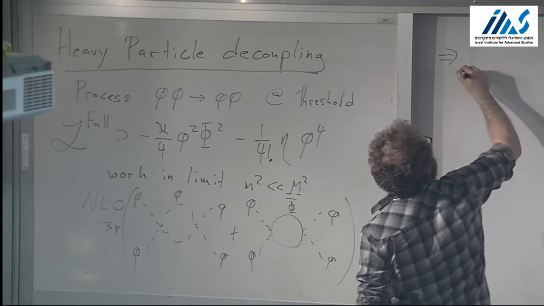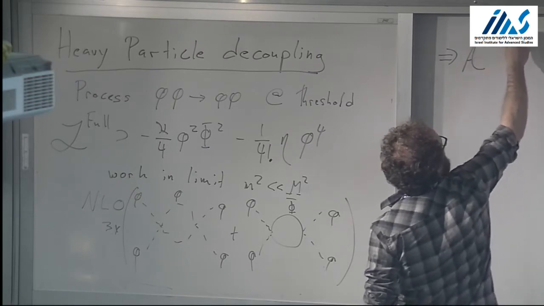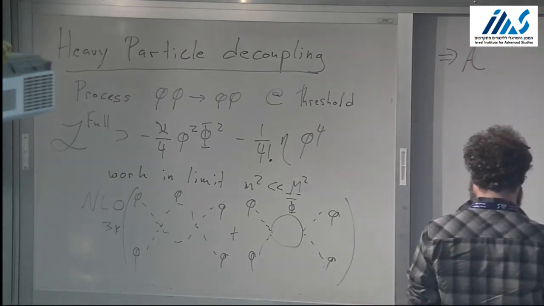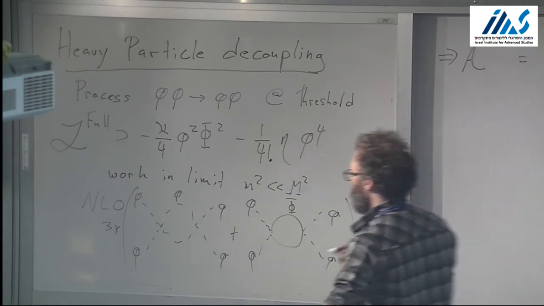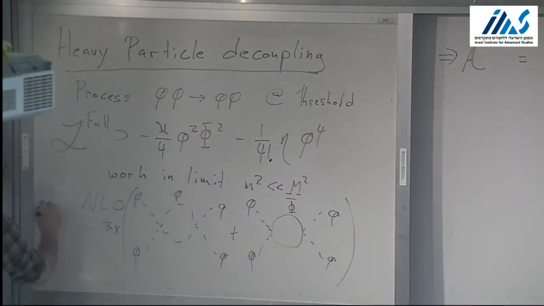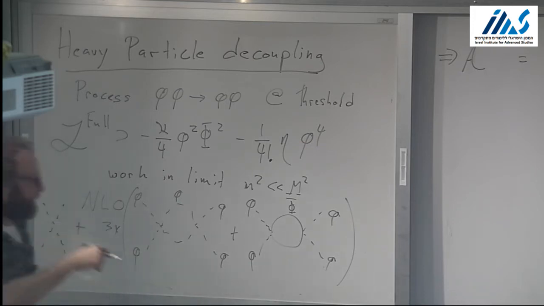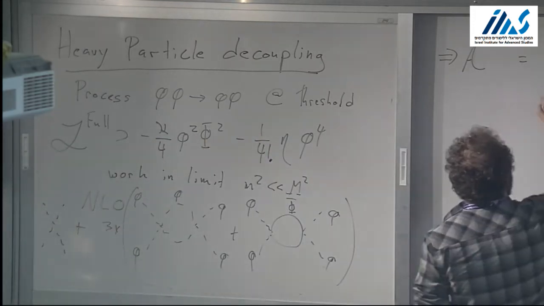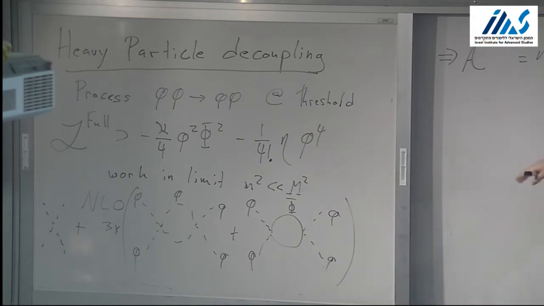Oops, I'm using A's, not M's. So the full theory amplitude is simply, and of course that's NLO, but I should add the tree level. So I have tree level exchange, so I get an eta. Notice, again, in my conventions the Feynman diagrams calculate iA. The Feynman rule would have an i here, but I dropped them.